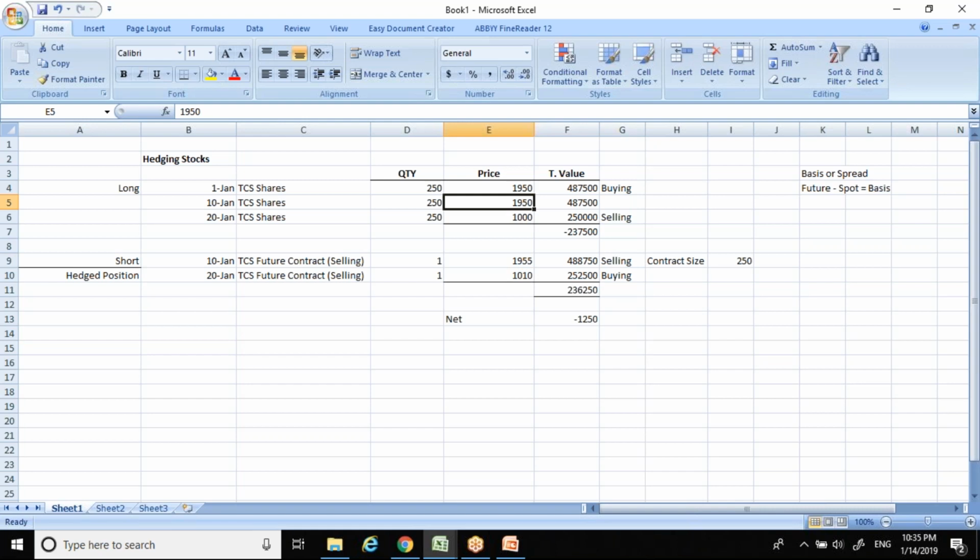So when the price goes down, you have a loss. I'll keep it like 950.